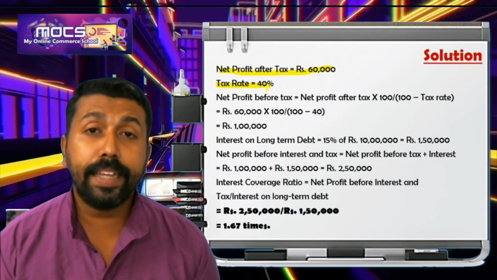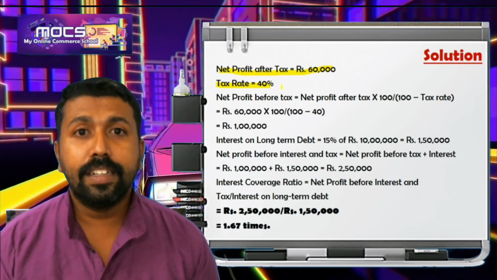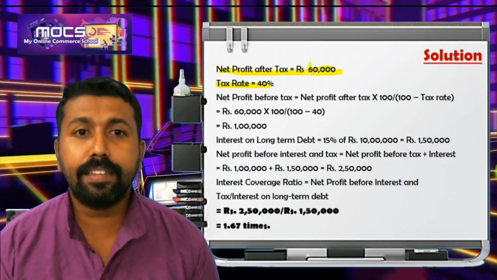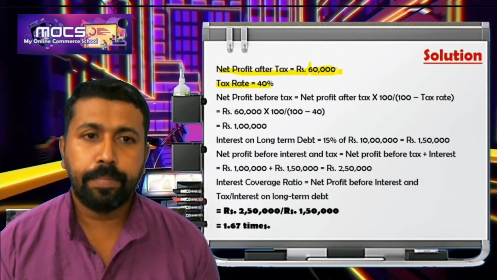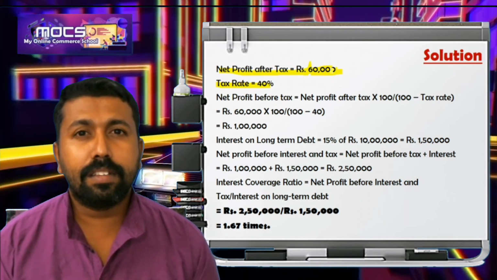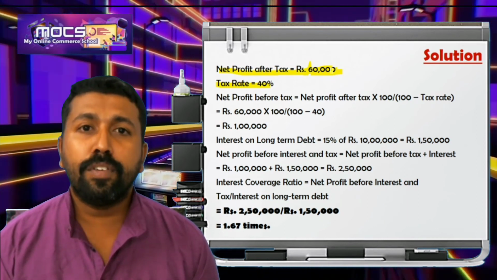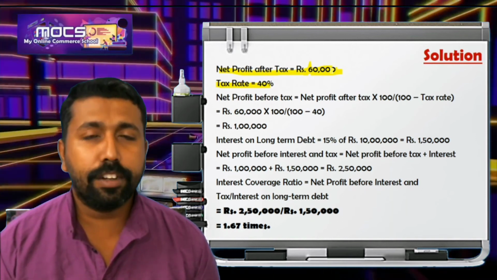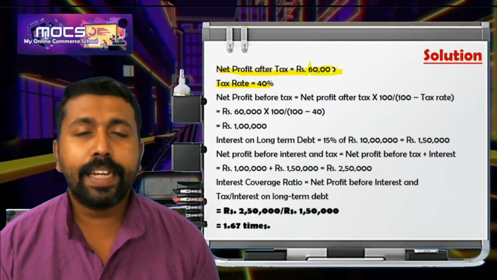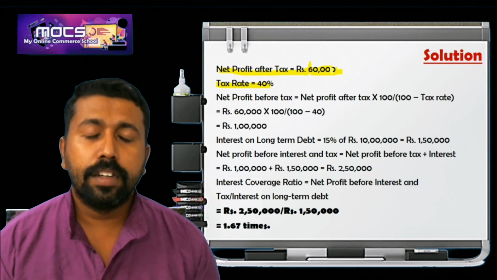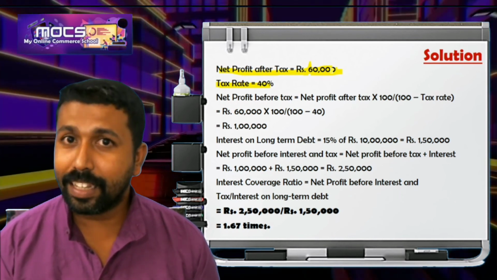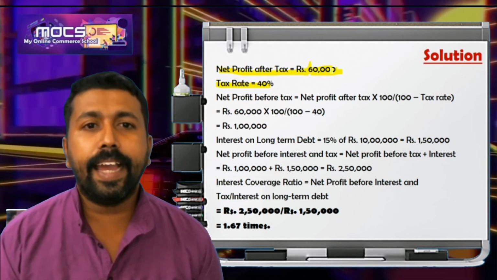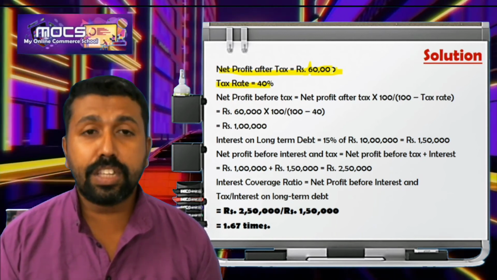That means after paying the 40%, the remaining 60% is 60,000. From some amount, we have paid 40% as tax to the government. Maybe we can take it as X. Remaining it is 60%, isn't it? So after paying the tax, the net profit is 60,000.